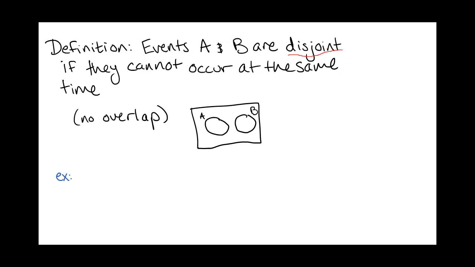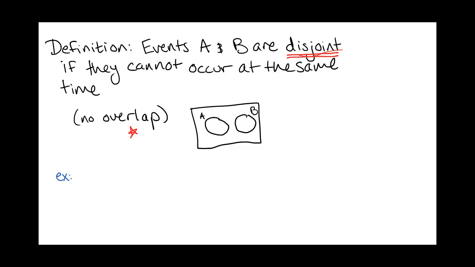To go along with this, we have a definition. If we have two events, A and B, we say that those events are disjoint if they can't occur at the same time. So disjoint basically means no overlap, right? So in our Venn diagram picture, we've got event A, we've got event B, and there's nothing overlapping in between.